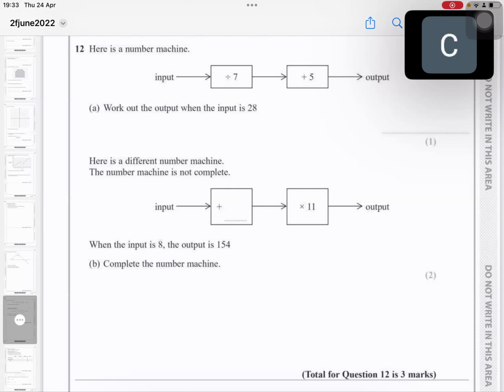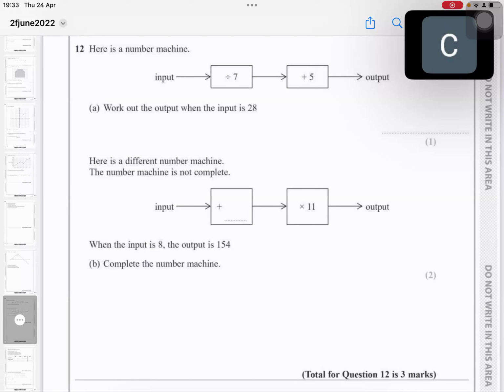Okay, so we would divide by 11 first, right? Yes. We would divide 154 by 11. What would that give you? 14. 14, okay. So I have 14.